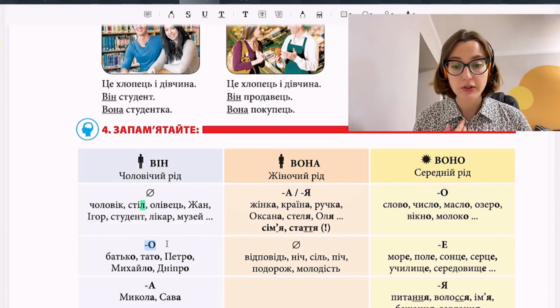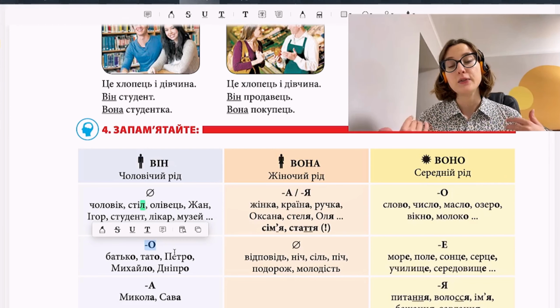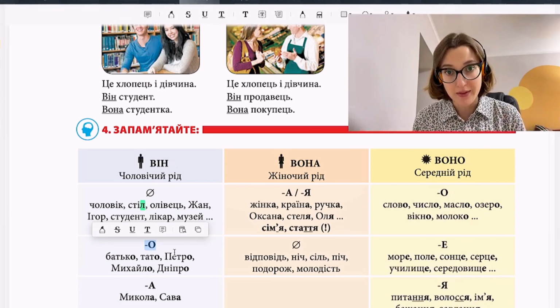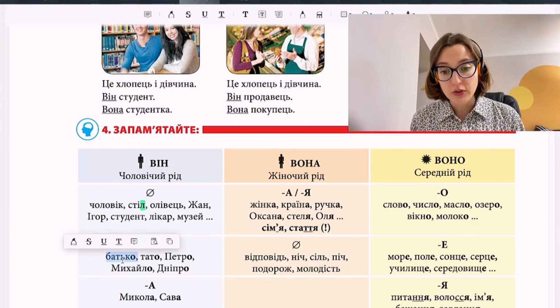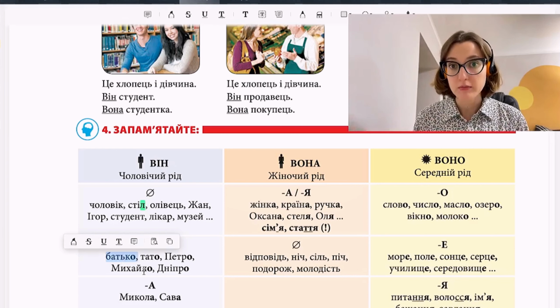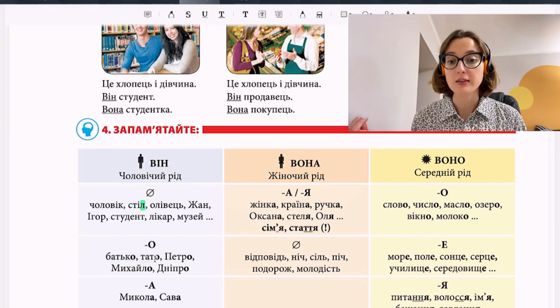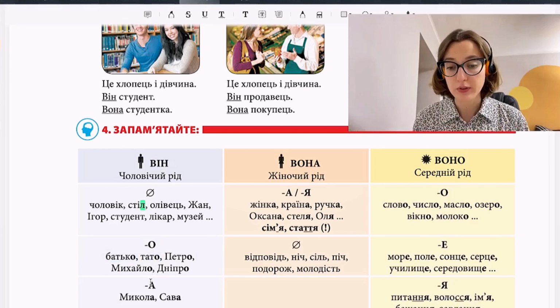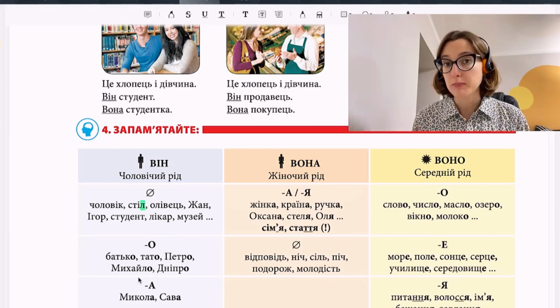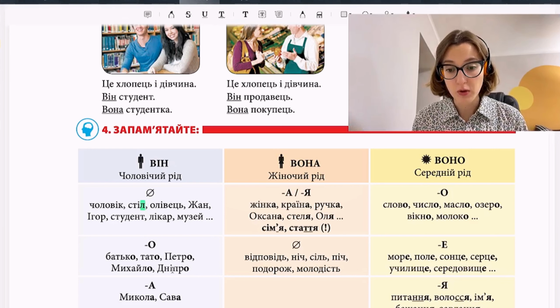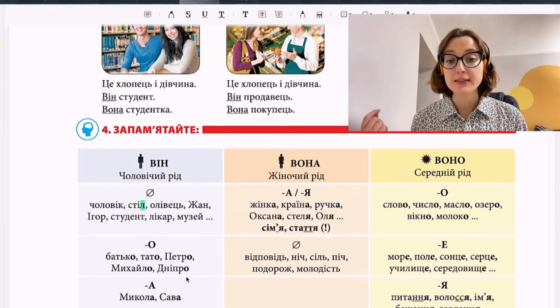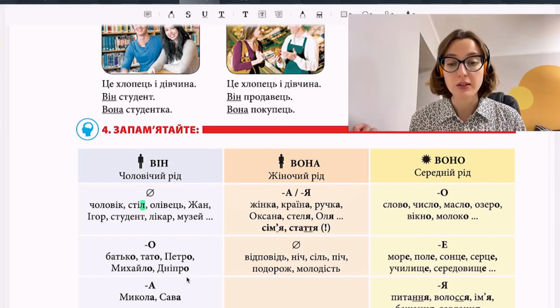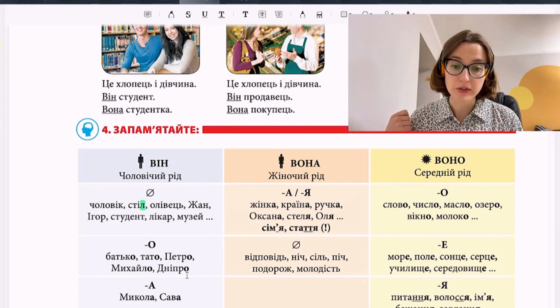Якщо у нас є о, this ending you can see in two different genders. So usually it's masculine if this is a man. For example, батько, father, is a man, so it's masculine gender. And тато, that's also father. Петро, Михайло, these are men's names, so they are also masculine. Дніпро, a river in Ukraine, it's also masculine gender.